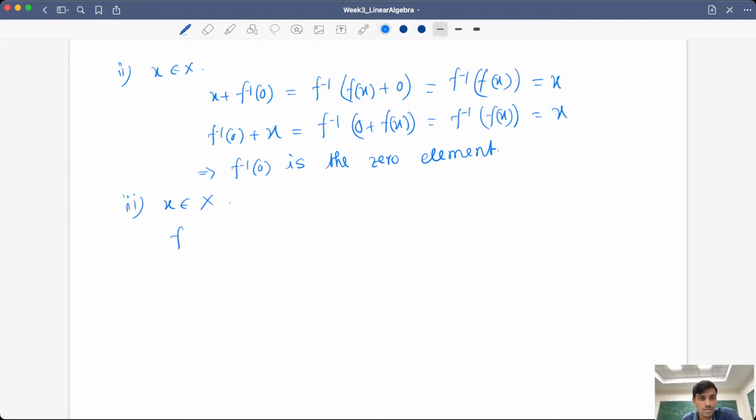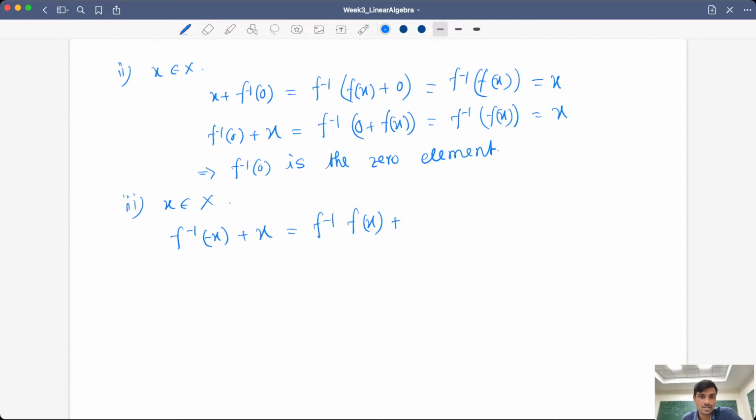So f inverse of minus x plus x, this is by definition f inverse of fx, and then it is f of f inverse of minus x. Okay, so better I should write in that form.